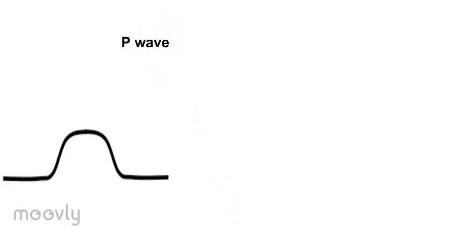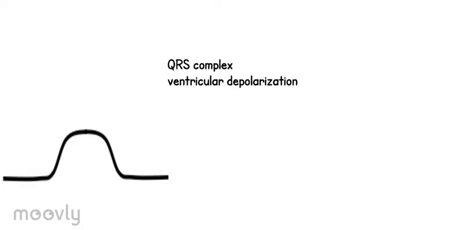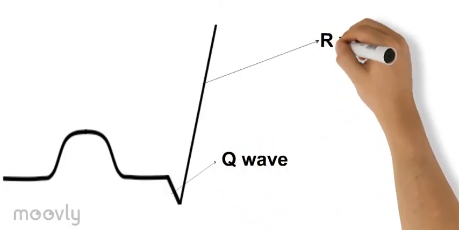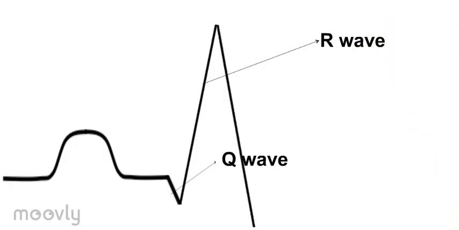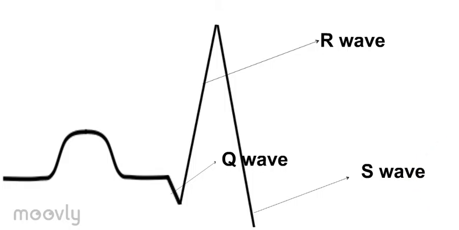We also have the QRS complex, which is associated with ventricular depolarization or ventricular contraction. We have a downward deflection known as the Q wave. The Q wave is followed by an upward deflection known as the R wave, and the R wave is followed by a downward deflection known as the S wave.